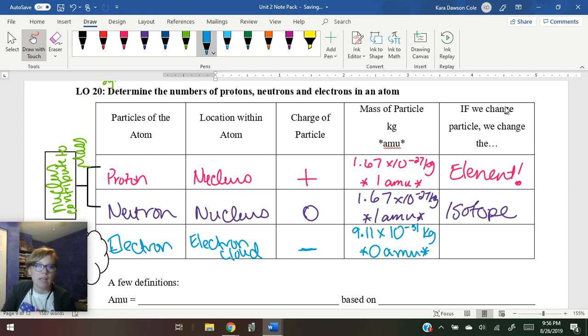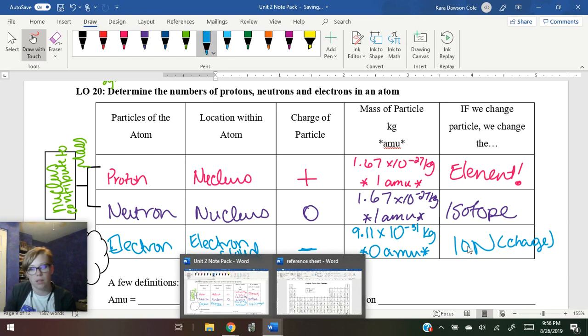Now, if we change the electron, so we take out electrons or we add electrons, that's what we mean when we say change. We are changing the ion. You could also say that we are changing the charge here. The only thing that can cause a difference in charge is the electron.